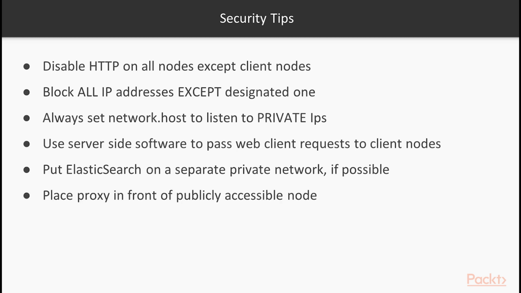Finally, if for some reason you require a public-facing node, say for access to tools like Kibana, and using VPN, the most viable option, isn't possible, be sure to put a proxy between the public and your node. Obviously, secured HTTP, which is HTTPS, is required in this scenario, as all transmissions should be encrypted.